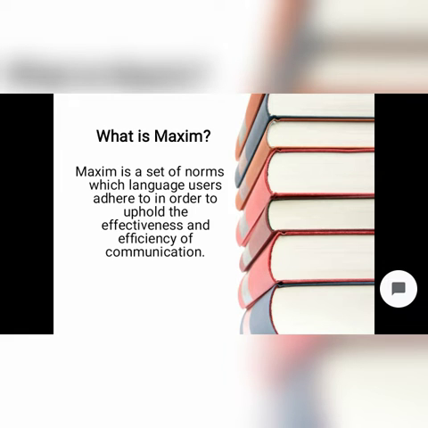So what is a maxim? A maxim is a set of norms which language users adhere to in order to uphold the effectiveness and efficiency of communication. So there are four maxims that we will discuss, namely maxim of quantity, maxim of quality, maxim of relevance, and maxim of manner.